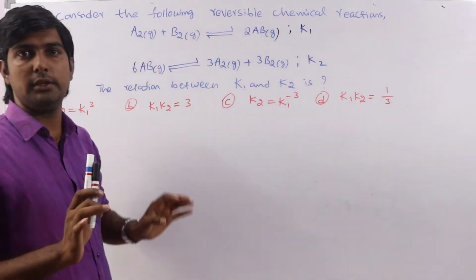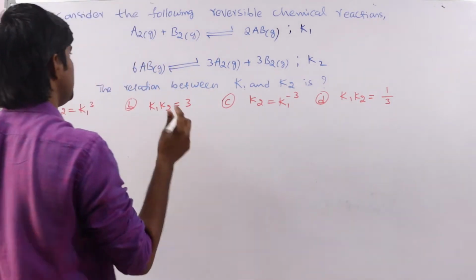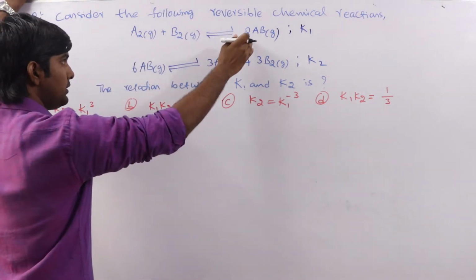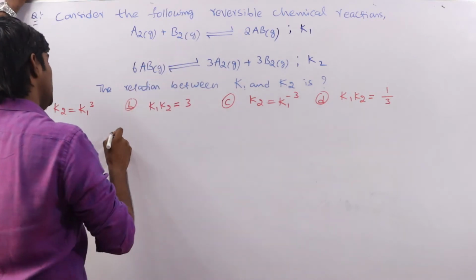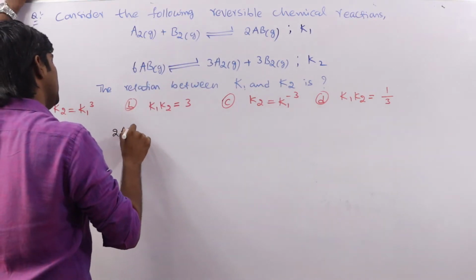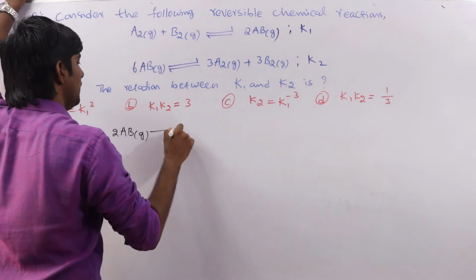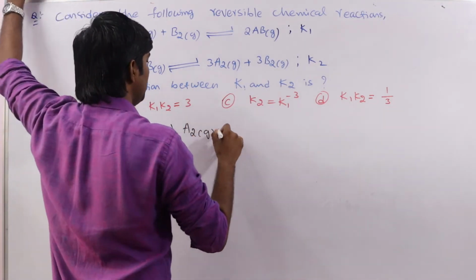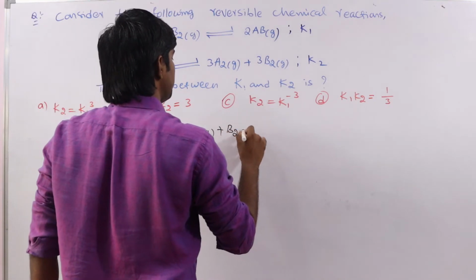Next, we should consider the stoichiometric coefficients. First, this reaction is reversed, so we write the reverse reaction: 2AB gives A2 plus B2.